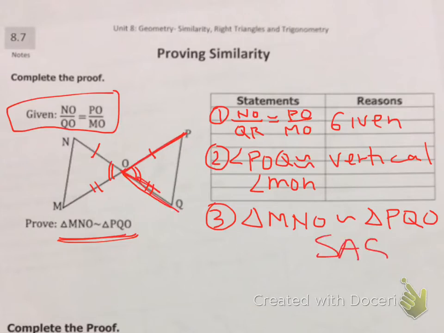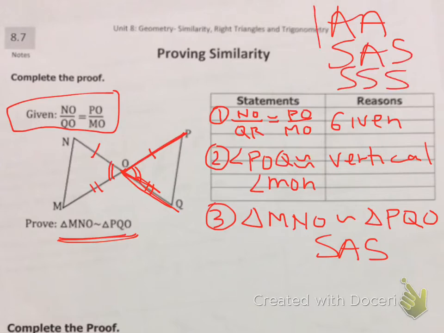So side, angle, side. So doing a proof is not really that difficult to do. What we're really trying to do is prove either angle, angle, side, angle, side, or side, side, side. Those three rules that we learned yesterday.